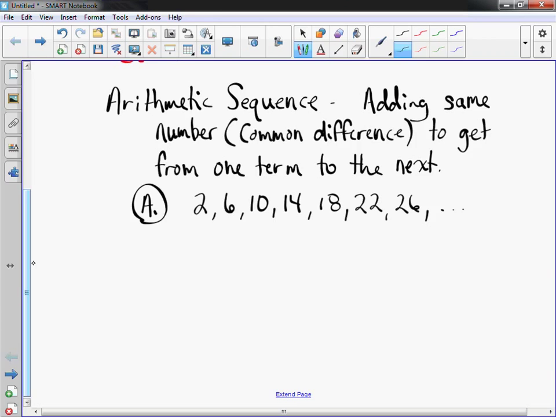So 2, 6, 10, 14, 18, 22, 26. If you notice, to go from 2 to 6, you add 4. To go from 6 to 10, you add 4. To go from 10 to 14, you add 4. So we add 4 to go from one term to the next. So the common difference, if we want to call it that, is plus 4 each time. That tells us that this one is an arithmetic sequence.